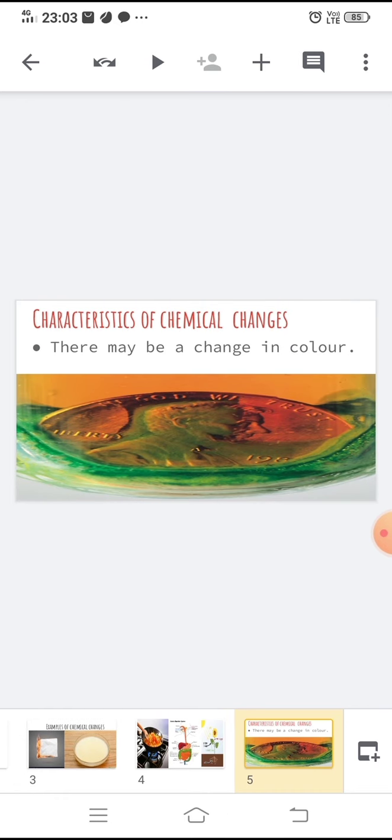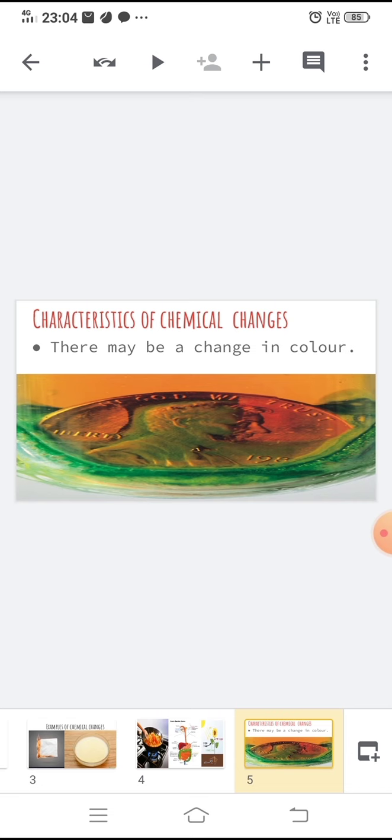Let us study about the characteristics of chemical changes. Certain characteristics indicate the occurrence of a chemical change. First one, there may be a change in color. A color change may also indicate that a chemical reaction has occurred.